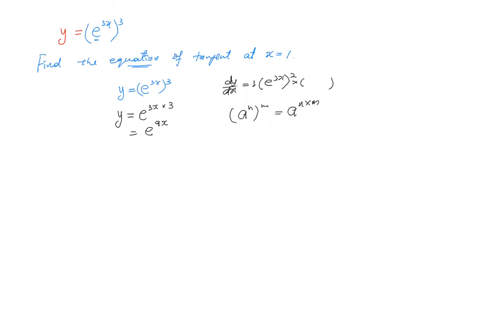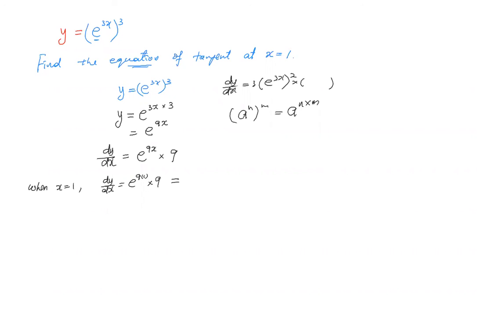Okay, Saranya, how to find the dy/dx for this? e to the power of 9x times 9. Okay, good. After you get that, so now you say when x equals 1, dy/dx equals e to the power of 9 times 1 times 9.